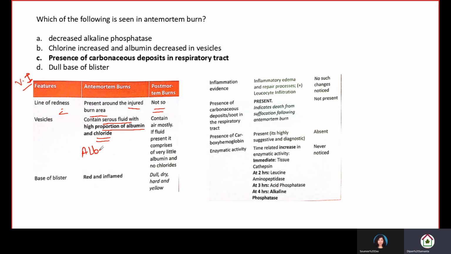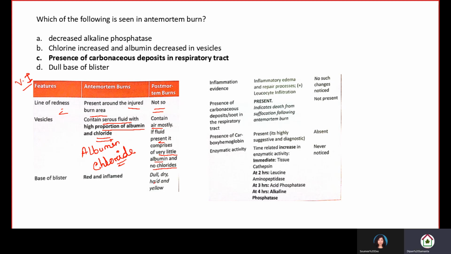In postmortem burning, the vesicles contain mostly air. If fluid is present, it comprises very little albumin and no chlorides.